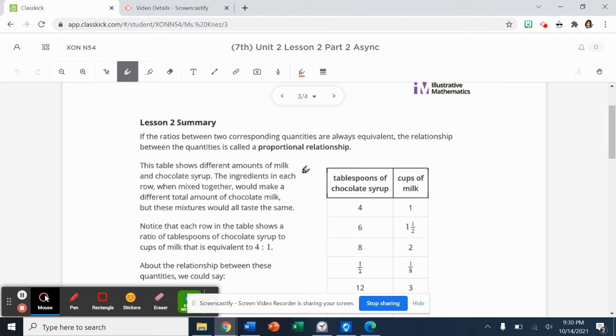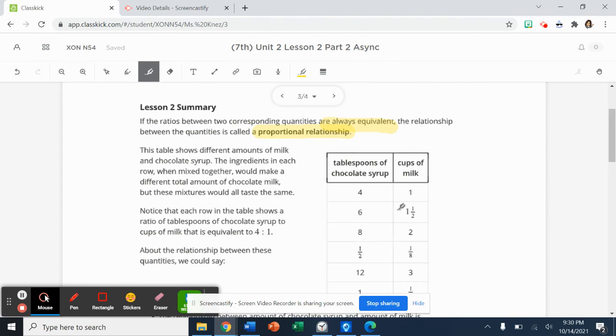Let's summarize. When the ratios between two corresponding quantities are always equivalent, the relationship between those quantities is called a proportional relationship. So for example, here we have a table of chocolate syrup and milk, and it describes a consistent relationship between how much syrup is used and how many cups of milk are used.